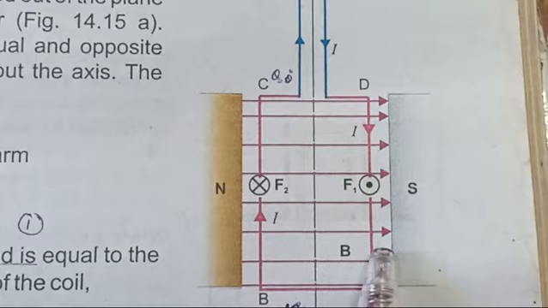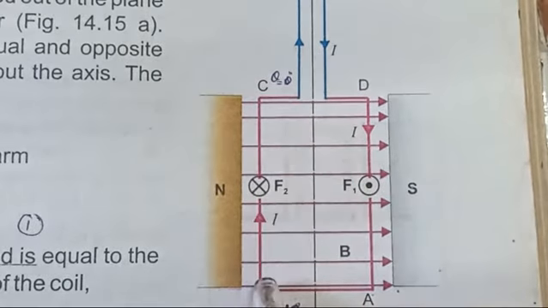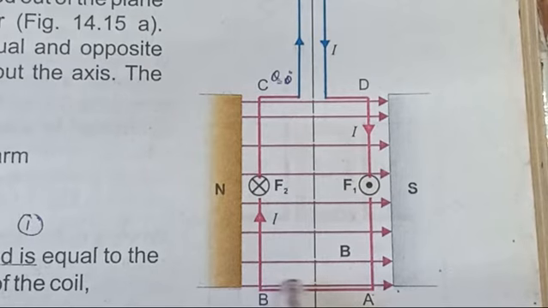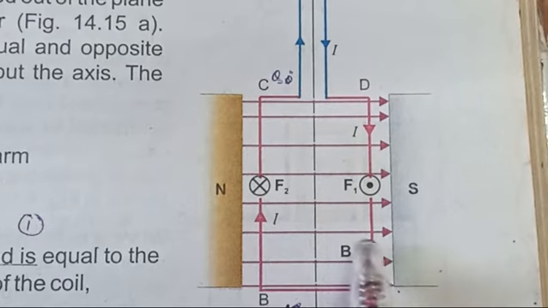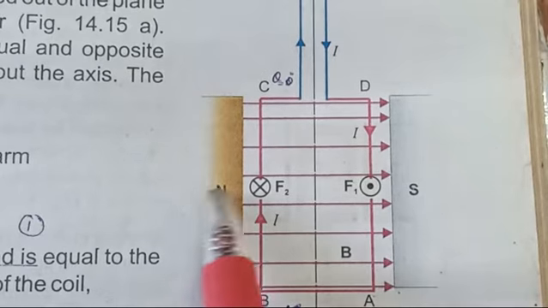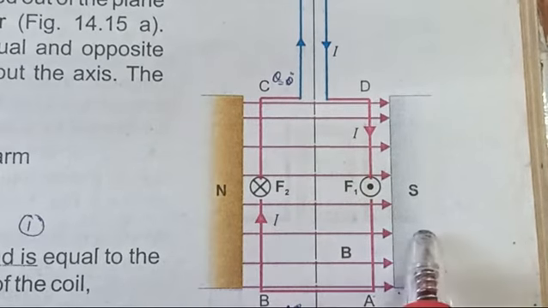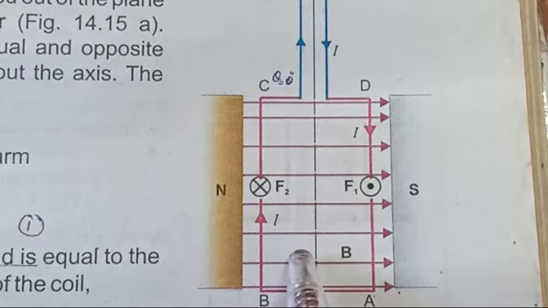We know that when a current carrying conductor, a rectangular coil through which current is passing, having length L, is placed in a uniform magnetic field, it will experience a force.